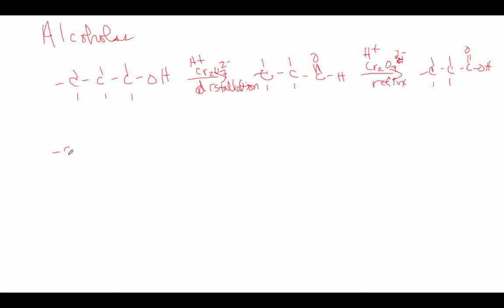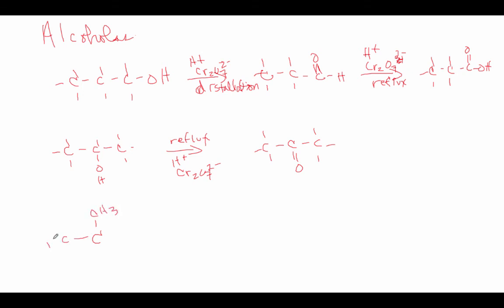Okay, if I have a secondary alcohol, if I have reflux in an acidified dichromate environment, I will go ahead and make the ketone. If I have a tertiary alcohol, there is no reaction.